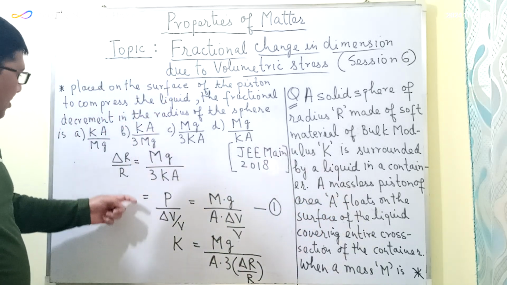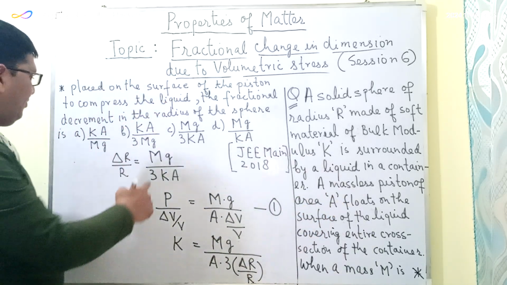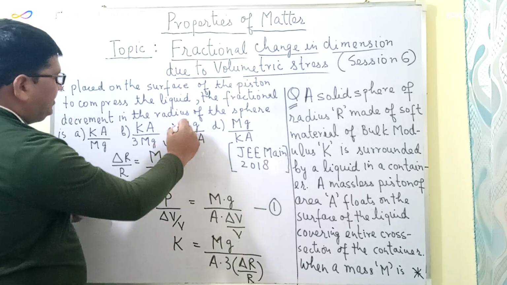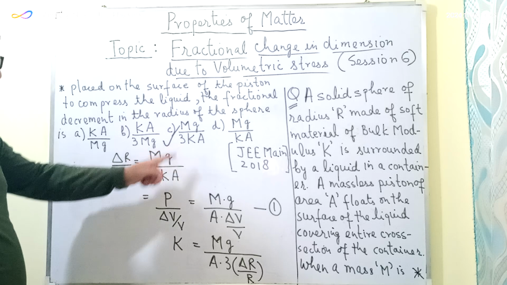So the correct option here will be mg divided by 3 KA. That is the third option. So option C is correct.